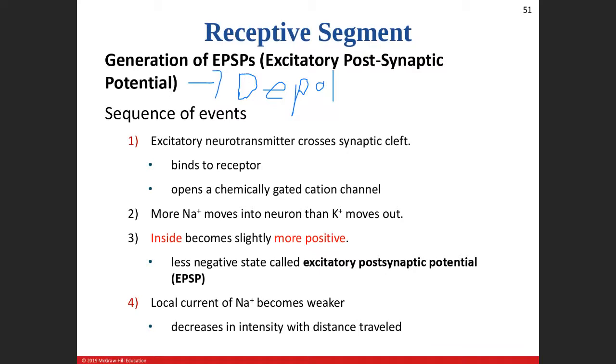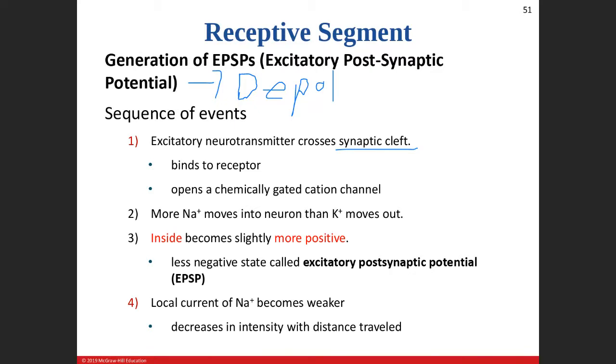So here's what happens. You've got our neurotransmitter in the presynaptic neuron. It gets released from that presynaptic neuron and diffuses across the synaptic cleft. It's going to bind onto the receptor on the postsynaptic neuron that's attached to one of our chemically gated channels.